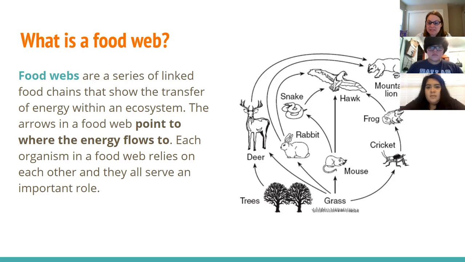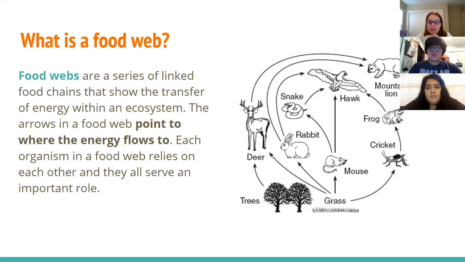This was actually a misconception that I had, because when I saw the arrows in a food web, I thought, oh, this means that this animal is eating this animal, but that's not it. It's actually the other way around. It's the energy that's in the mouse flowing to the hog, you see? So the energy starts at the trees and the grass, and it flows from the grass to the mouse and then to the hog.